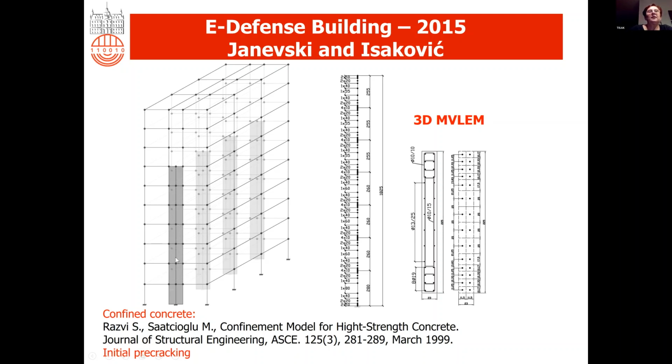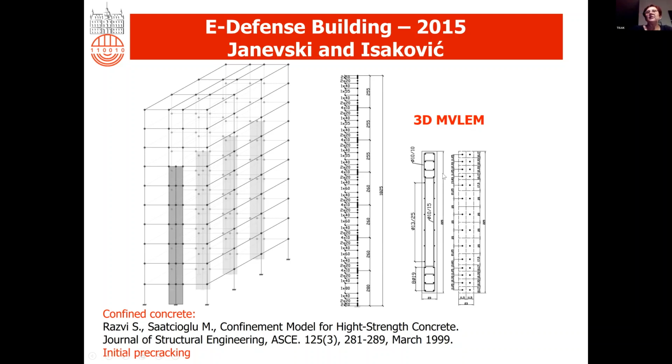Well, this building consists, in one direction, of a dual structure with a shear wall. In the first 7 stories, there is a shear wall and some columns and beams connecting. In the upper 3 stories, we have a frame. We modeled this shear wall using the standard MVLEM element, not shear, but standard.